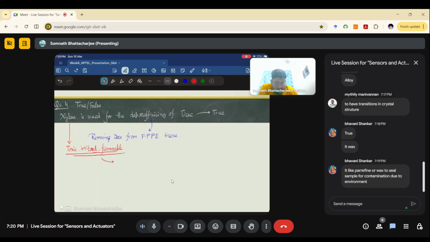Can we use any other thing that dissolves wax? Are there any other options?